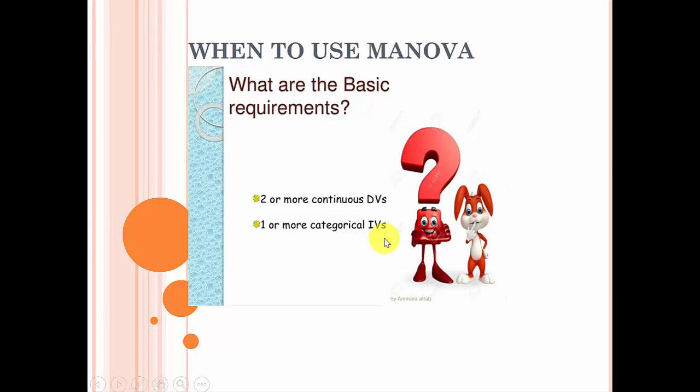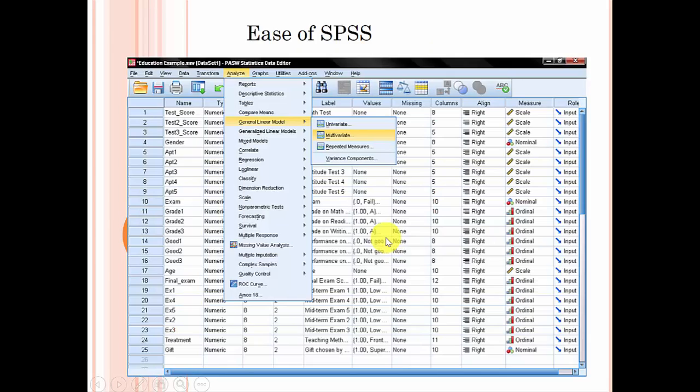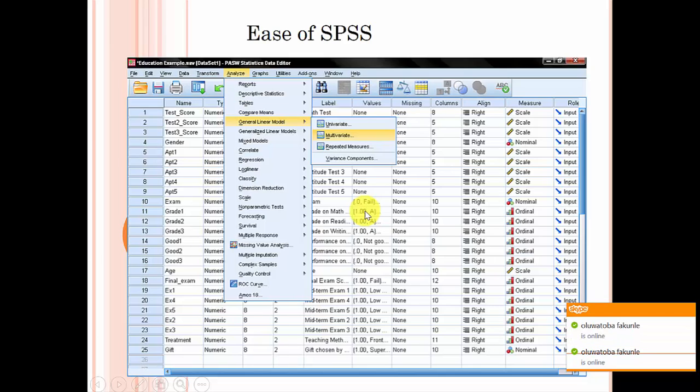And in slide 11 of my presentation, I have a picture of the SPSS window. When you want to analyze MANOVA with SPSS, you go to Analyze, then General Linear Model, and you click on Multivariate, and voila, you get your MANOVA statistics done.